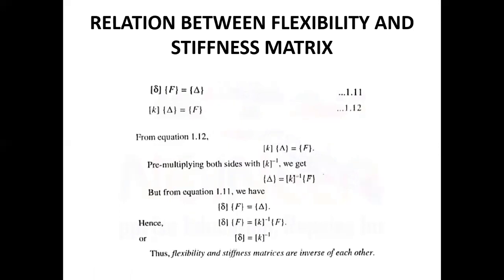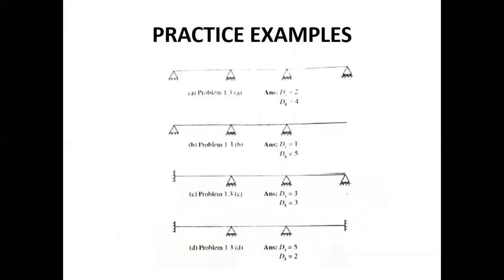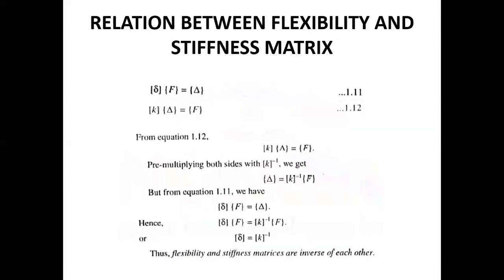Similarly, if the material has more flexibility, then the stiffness will be reduced. So generally, we can see that stiffness is inversely proportional to flexibility. So here we have derived that the del matrix, that is the flexibility matrix, is the inverse of the stiffness matrix.